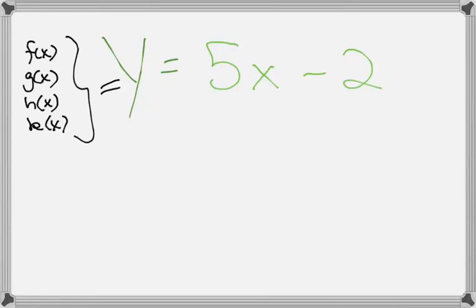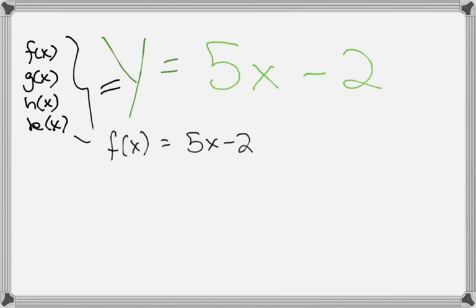2.6 function notation. There's a lot going on in 2.6. So function notation, just to give it a name, to label it. Instead of y, everything is y. Why is everything y? Who knows? We are now writing f of x equals 5x minus 2.